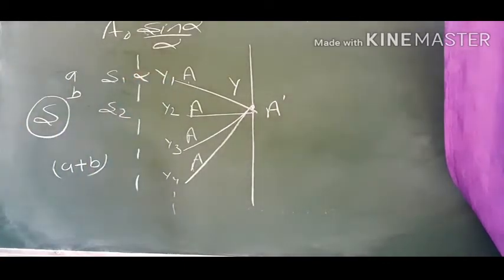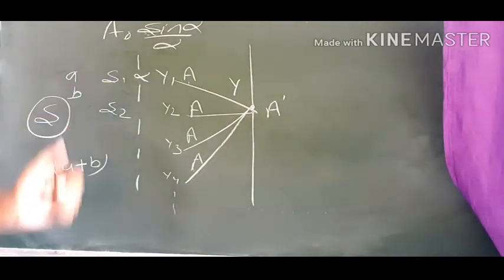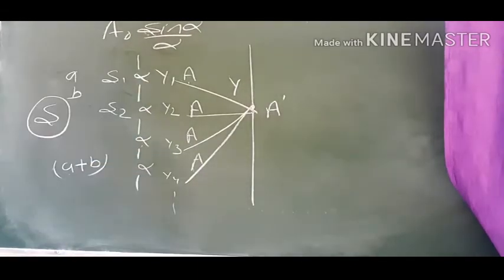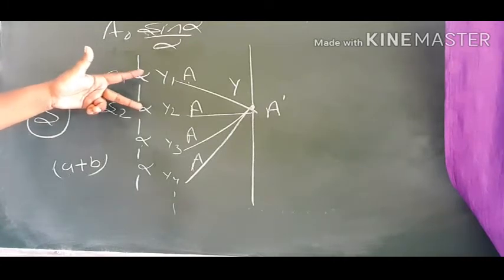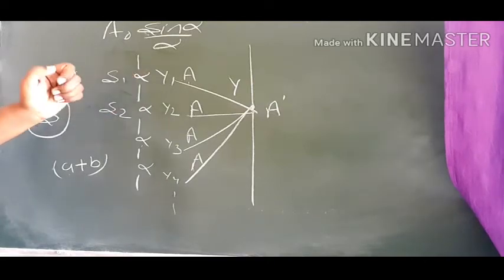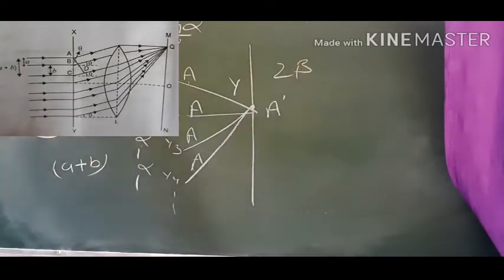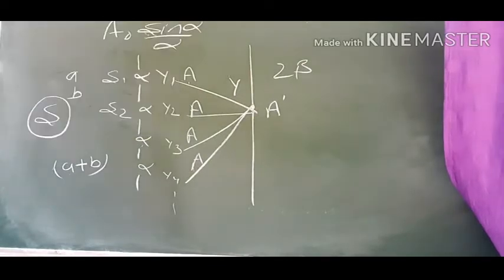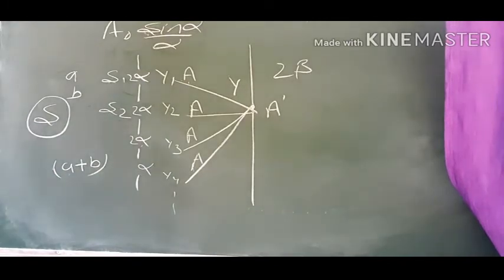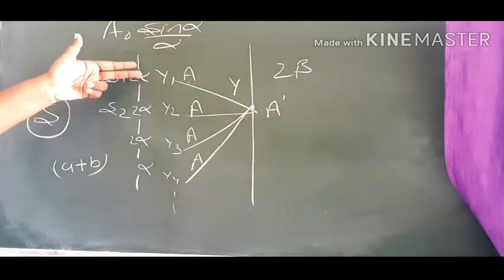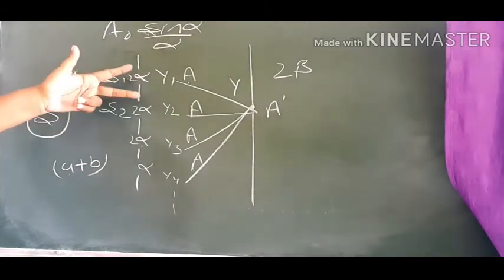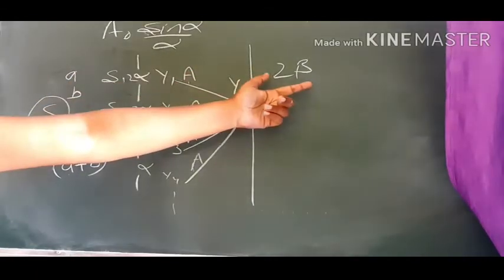Sorry, the phase difference created by a single slit was 2 alpha, and the phase difference created by two consecutive slits was 2 beta.